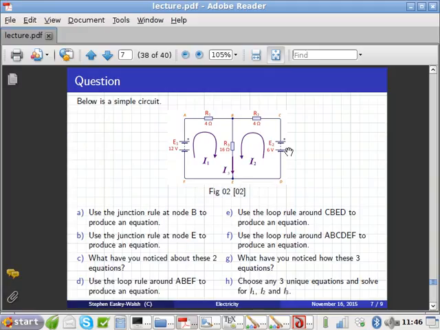Now, the current should be going up because the plus is here and the minus is here. So why is it going down? Does anyone know? It's because of the I1. This battery here is so powerful, it pushes the current the wrong way here. So this one is dominating this one.